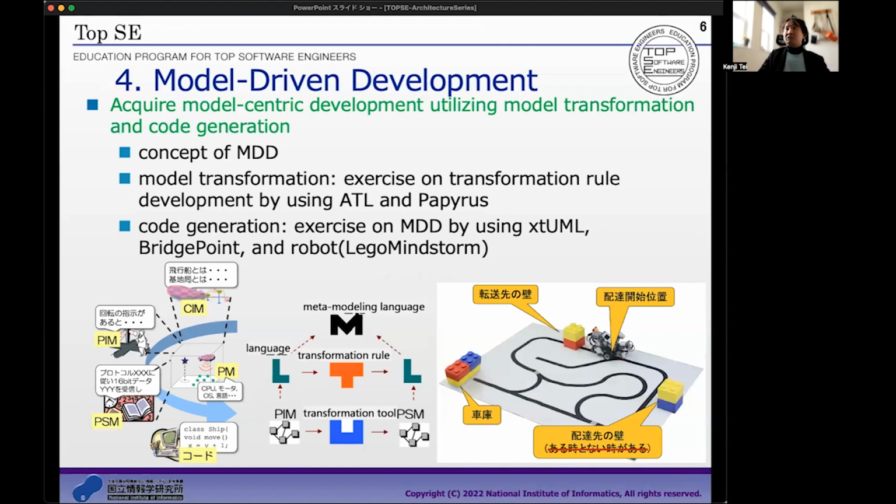But also in this course, we do some lectures and exercises on how to develop such a model-driven development environment itself. Sometimes high-skill engineers are required to set up their own model-driven development for their business or product domains.